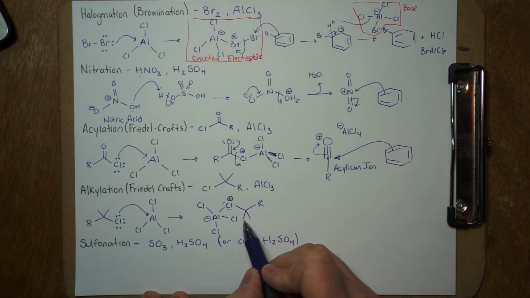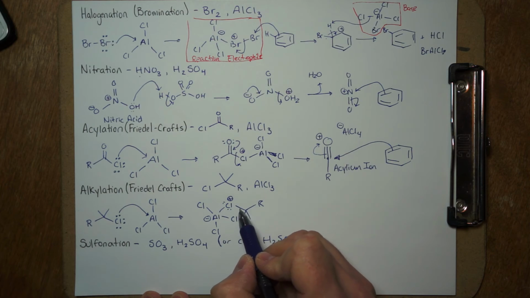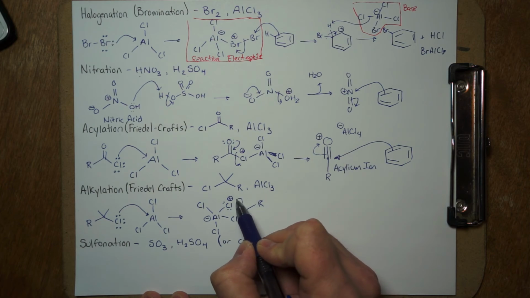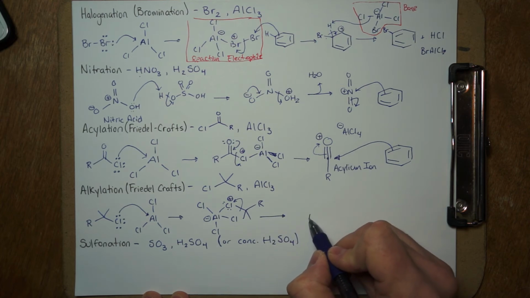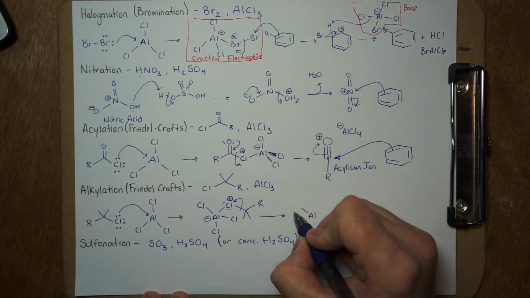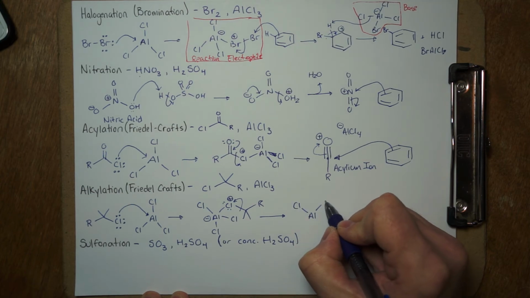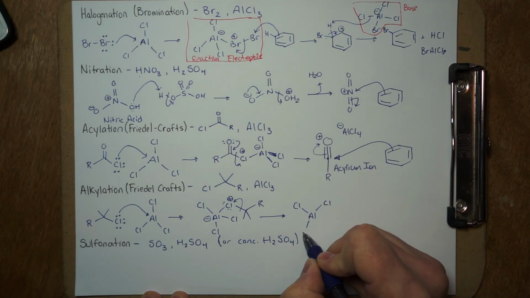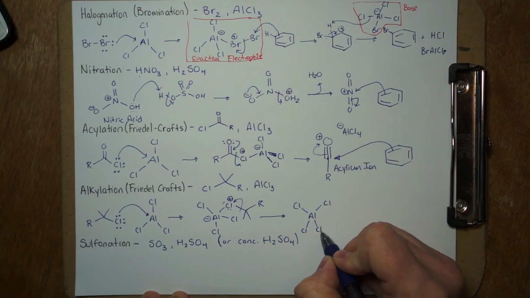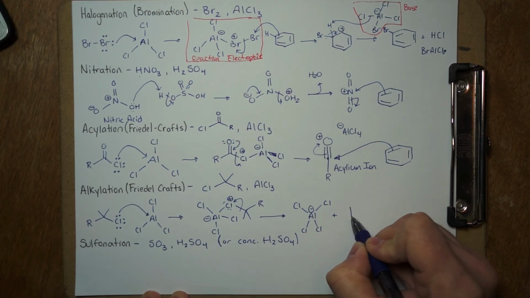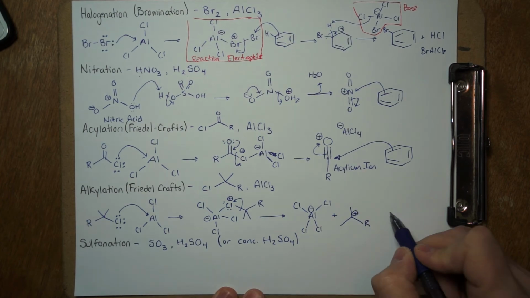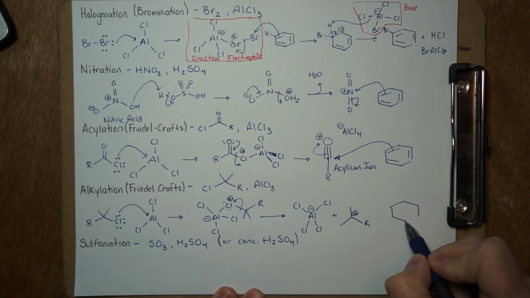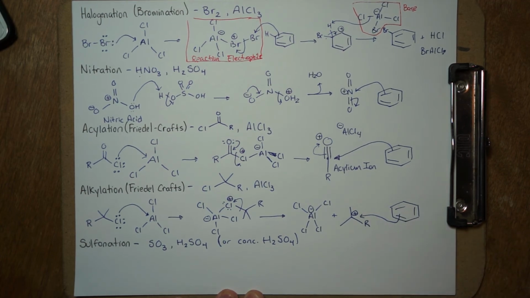Right, so the way that we would represent this is this carbon-chlorine bond would break, giving the electrons to chlorine. And we make AlCl4. And then the electrophile is a carbocation, and that is what our benzene is going to react with.